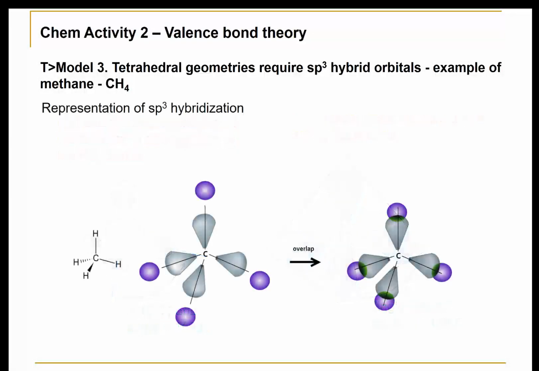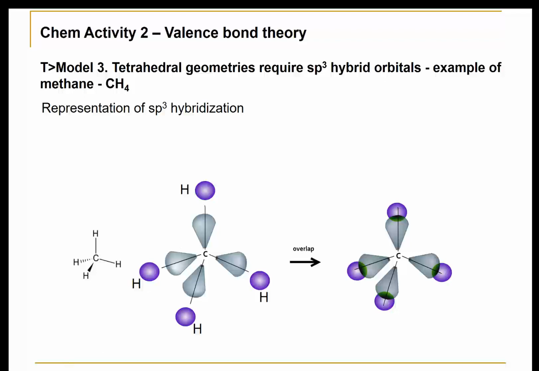Okay, and now moving forward, you can see a wedge and dash representation of the tetrahedral arrangement about a carbon in methane. And then we move to the boundary surface diagram of the 4 sp3 hybrid orbitals. Of course, we also have the hydrogen s orbitals.